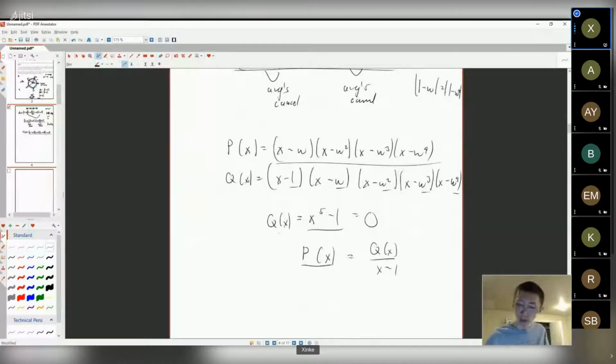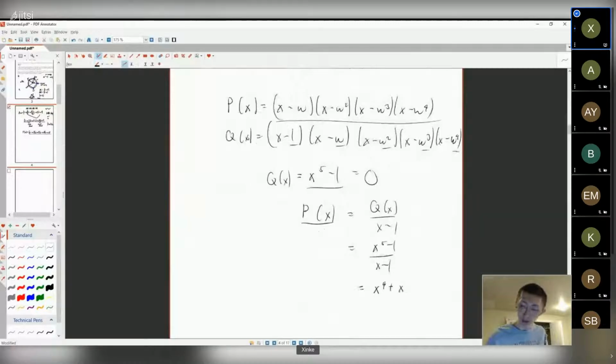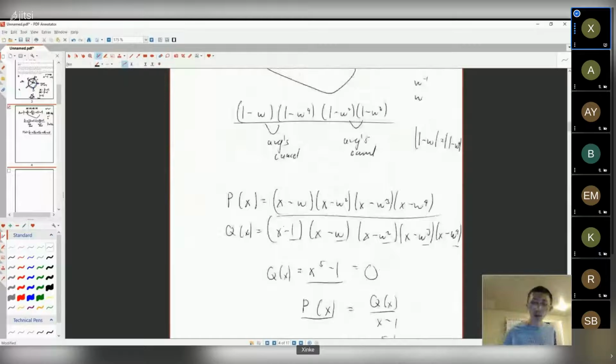That means p of x is just x to the 5th, and then we kind of divide out that root. So, by the geometric series formula, it's just this. So that's p of x. The reason we define p of x is because this is just p of 1, right?